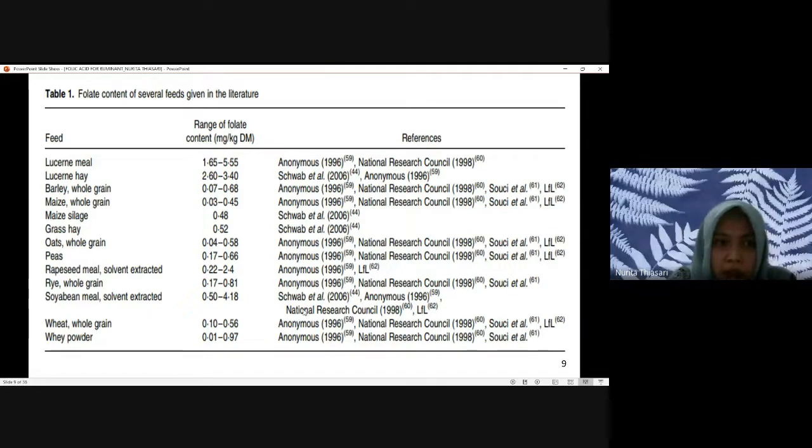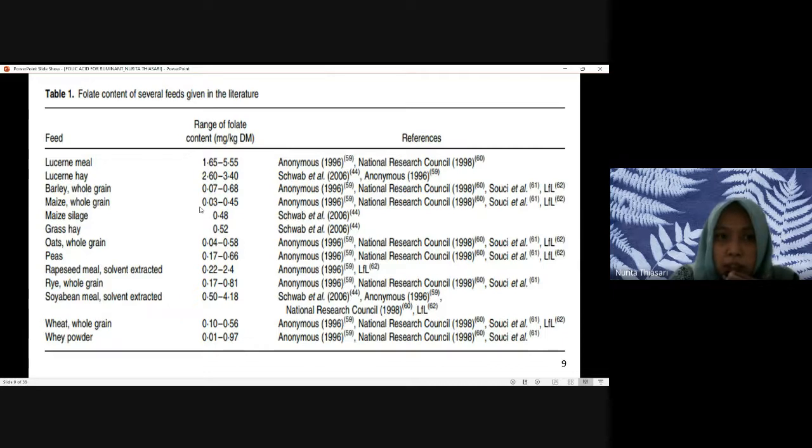Thank you for the question. So this is the content of the folic acid in the hay comparing with the grain. We can see it is higher comparing with another grain, but I would like to mention that actually the rumen is able to synthesize vitamin B9 or folate.